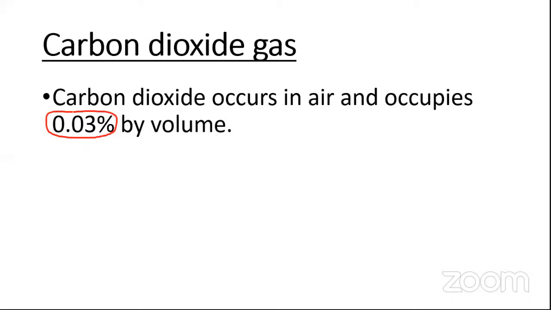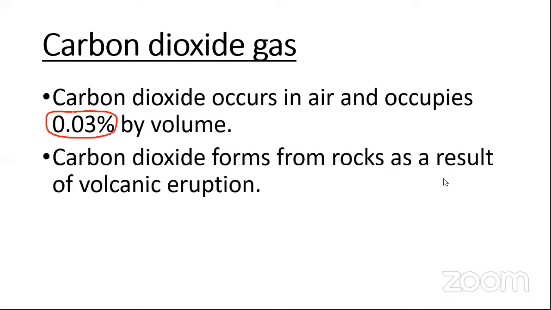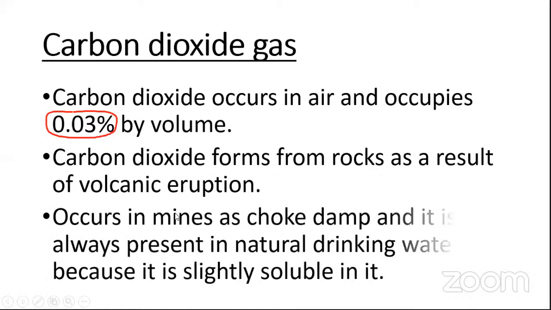Then again, we can find it in rocks as a result of volcanic eruption. Then it also occurs in mines as chalk dump, and is also always present in natural drinking water because it is slightly soluble in water. So here we are trying to show where we can find carbon dioxide.